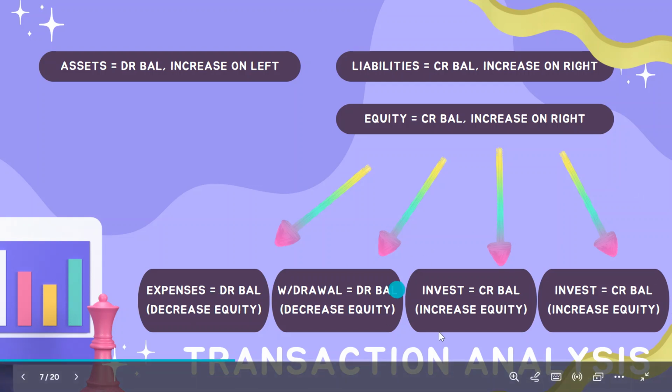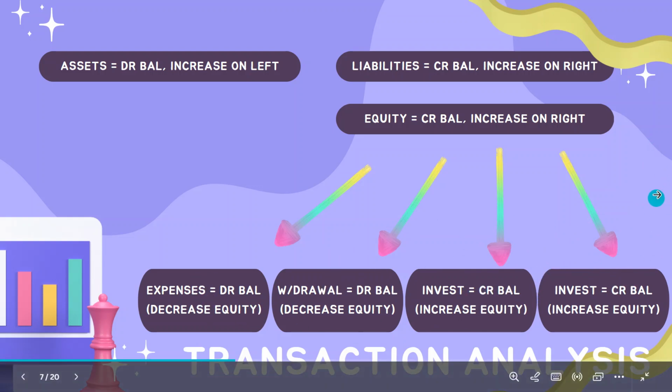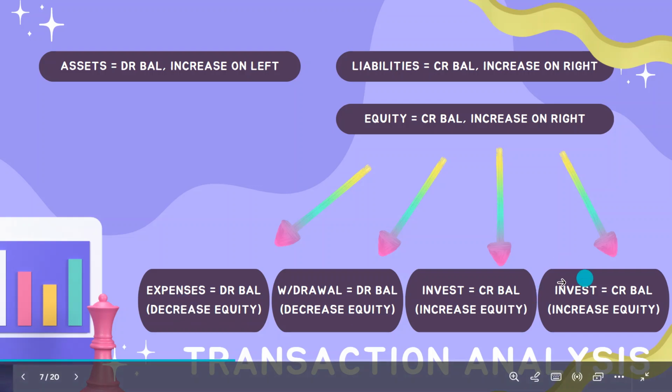Remember that this is just done throughout the month. And then you use this information from these accounts throughout the month to create your income statement. It's just your expenses and your revenue over here.